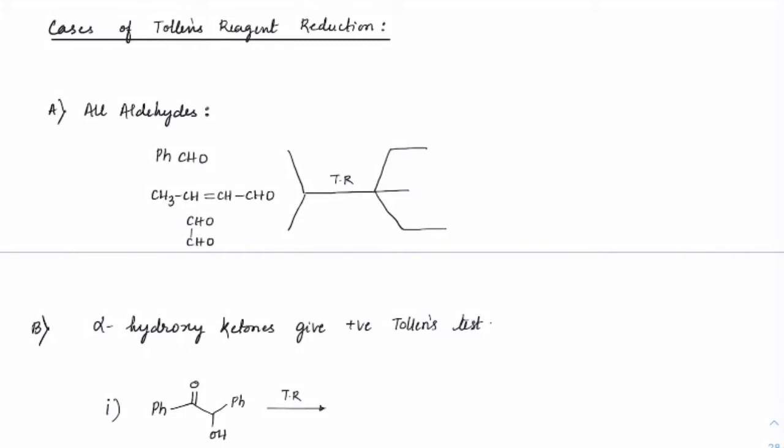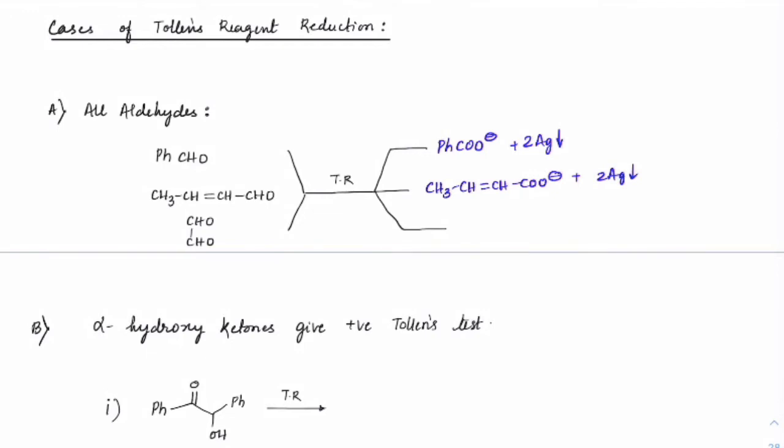First, with benzaldehyde, you will get PhCOO minus plus 2 moles of Ag. With the second one, it does not disturb the double bond at all, so this will also become an acid and 2 moles of Ag.